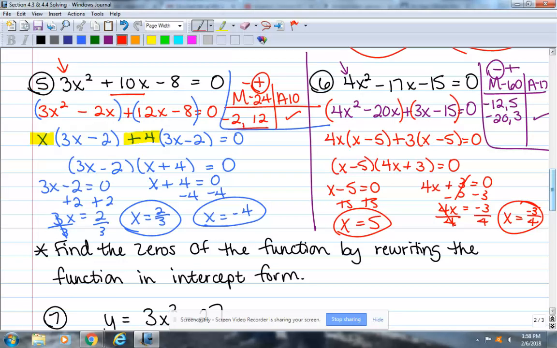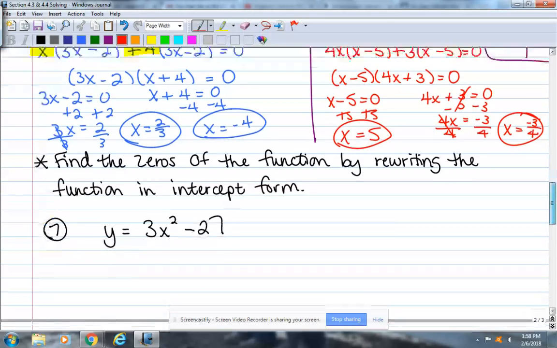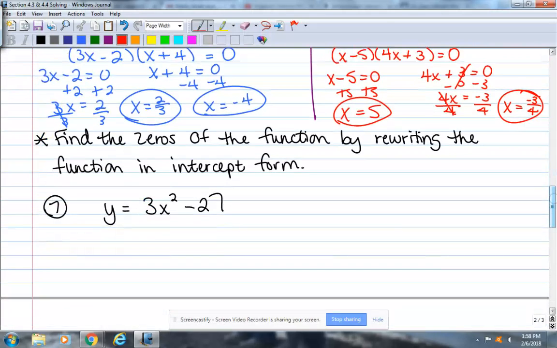This is just a new set of directions. All right, so the new set of directions says find the zeros of the function by rewriting the function in intercept form. So this is what some of your directions are going to say. Basically, instead of equals 0, it's going to be equal to a y or equal to an f of x, which is a function.